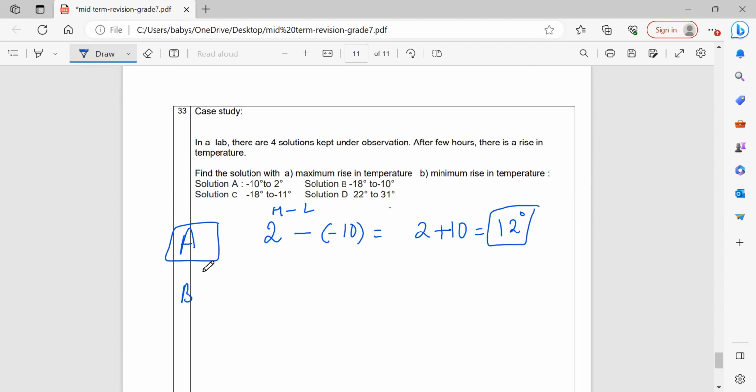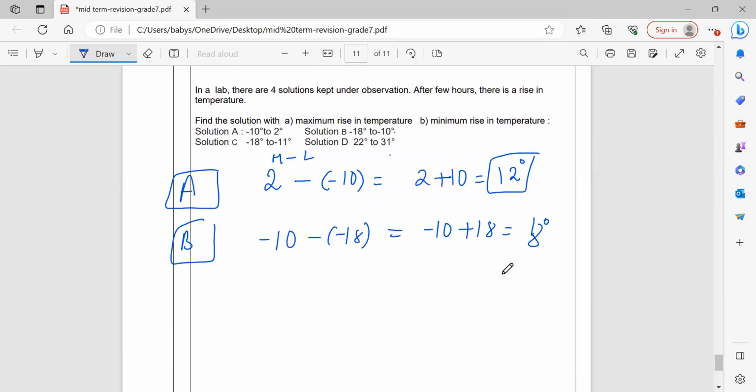Keep it aside. Look at B. Again for B, it is minus 18 to minus 10. Minus 10 is higher than minus 18, no? So higher minus lower. So you know the rise. So minus 10 minus minus 18, minus into minus plus, 18 minus 10 is 8 degrees rise in temperature. In solution C, look what's happening. It's minus 18 to minus 11.